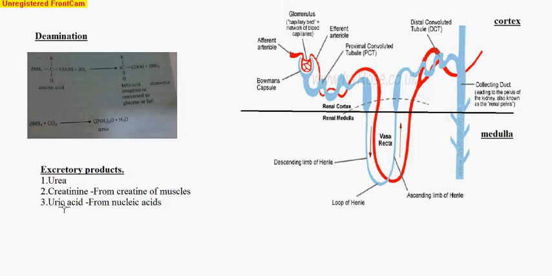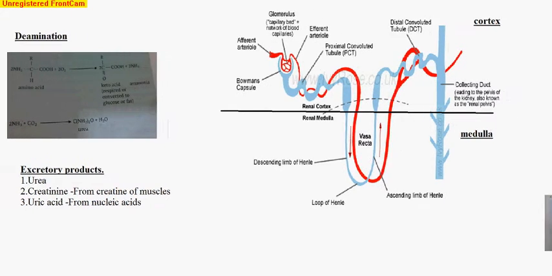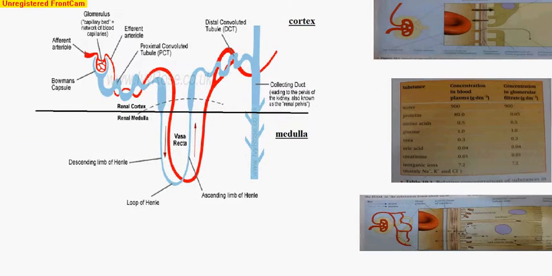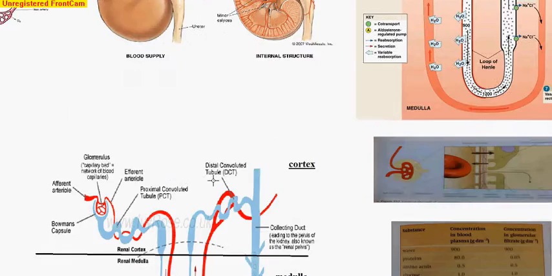Likewise, from amino acids we get ammonia. From nucleic acids like DNA we get uric acid. Okay, so these are the excretory products that we are supposed to know, and that's all about deamination.